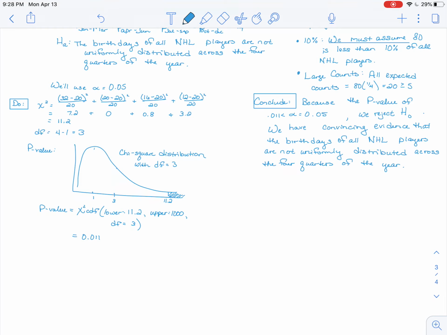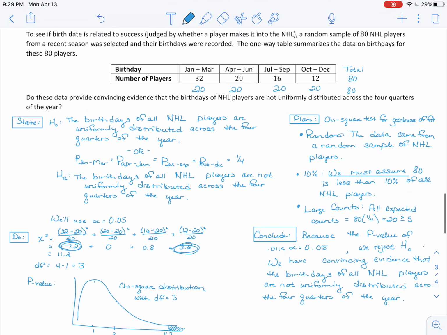So for example, in our table of observed and expected in these NHL players, when we look at the components, the 2 biggest contributions to the chi-squared test statistic were this first January through March, and then also the October to December. So if you actually look at the numbers, when we look at the January to March one, there were 12 more players than what we expected.